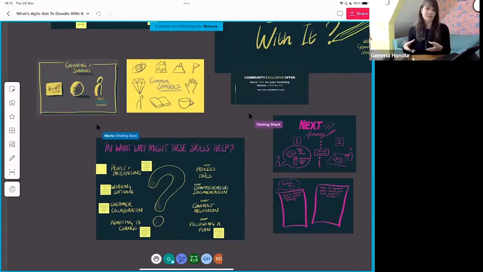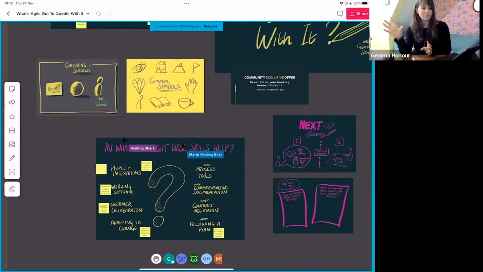There are probably about 40 different symbols that, once you know them, you can use in a variety of ways. If you think about how I used the cup at the beginning, I could use that for a cup, but also to mean coffee break, or warm, or in a variety of different ways.